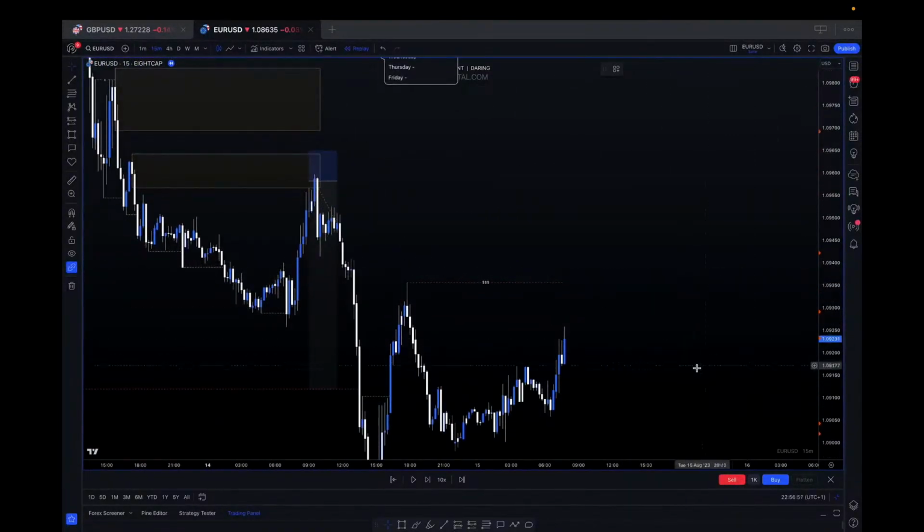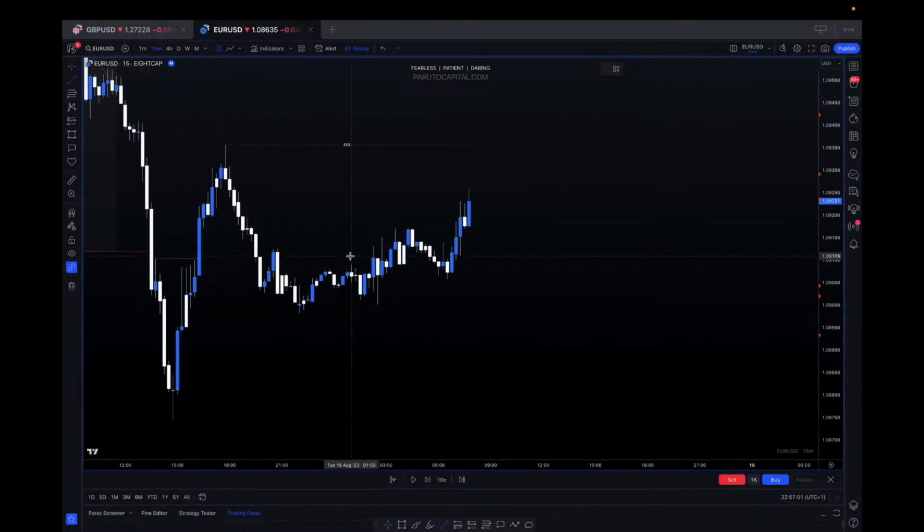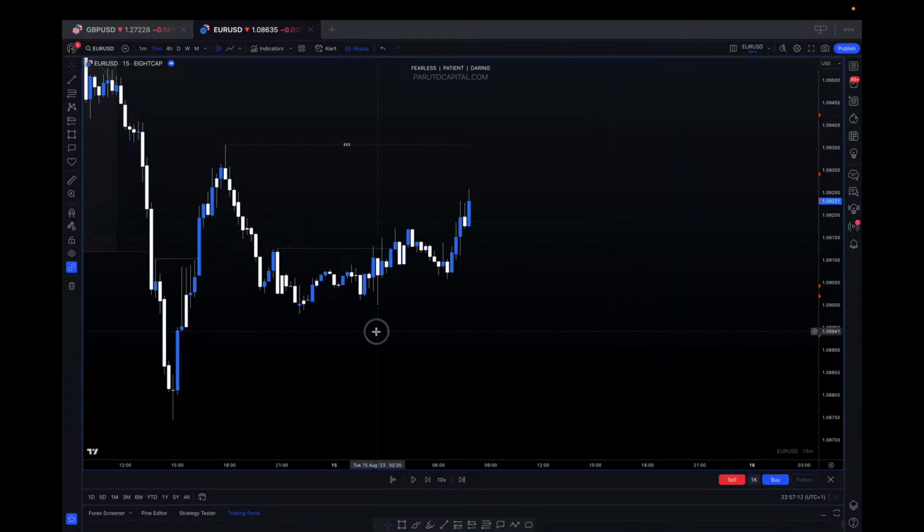So let's see what we have. Price, after registering this low here, we can see high, low. This high has been taken out, choch. Okay, so we have that, and then we have here too this high, we have choch here.